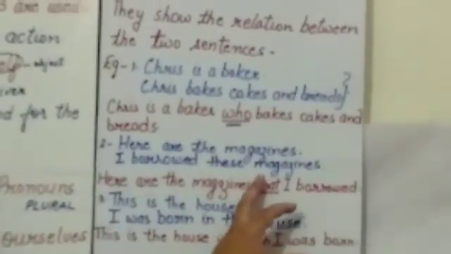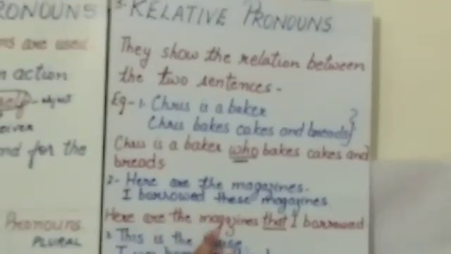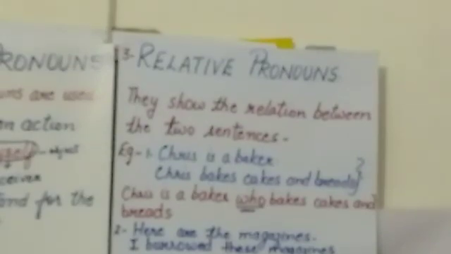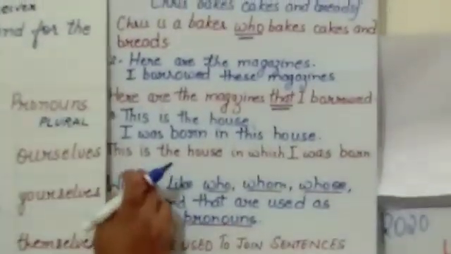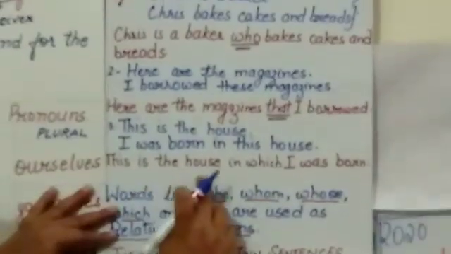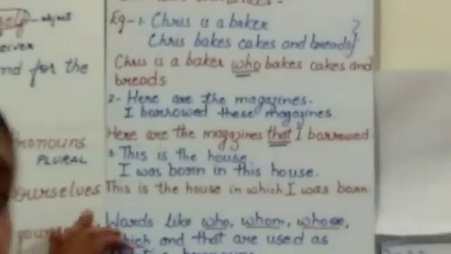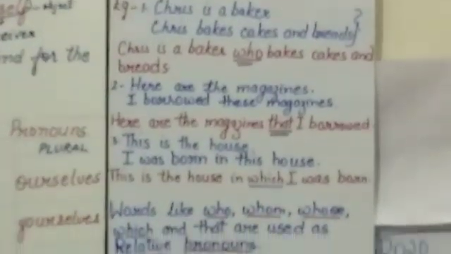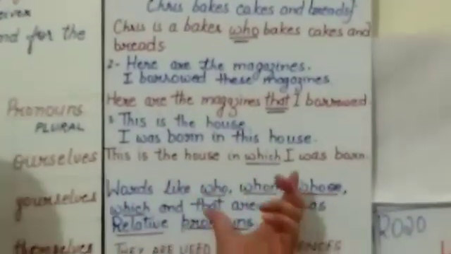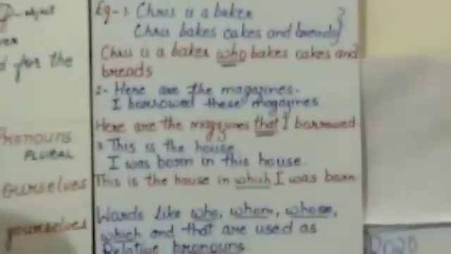Second one is, here are the magazines. I borrowed these magazines. If you combine them, here are the magazines that I borrowed. So what is the relative pronoun over here? That. Next is, this is the house. I was born in this house. If you join these two sentences, this is the house in which I was born. So what is the joining word over here, relating both the sentences?